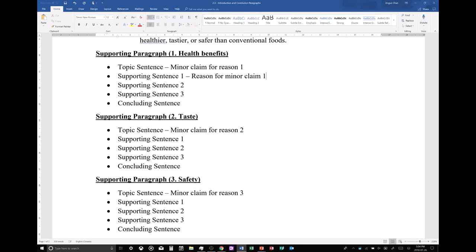We're just going to use some copy and paste shortcut here. So in body paragraph 2, I'm going to have reason for minor claim 2, and in support paragraph 3, I would have reason for minor claim 3. Next, I would have explanation.